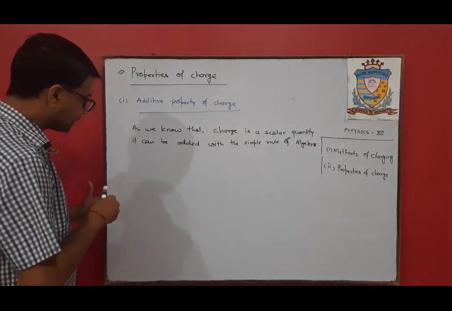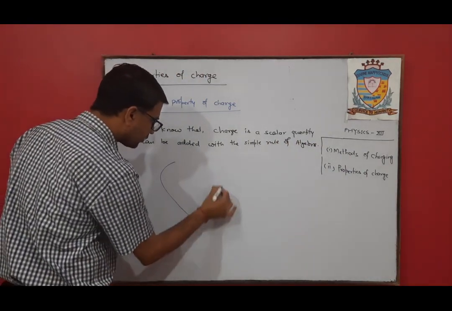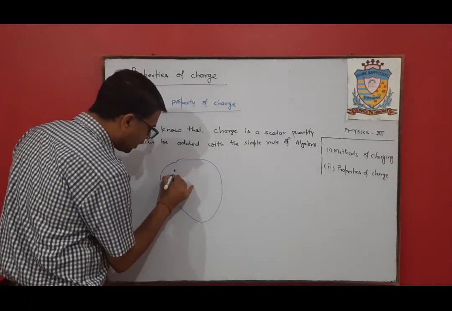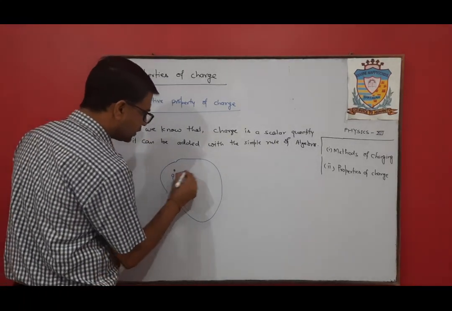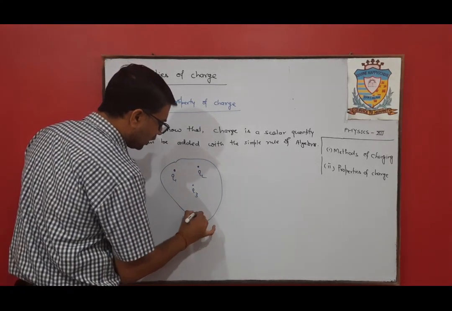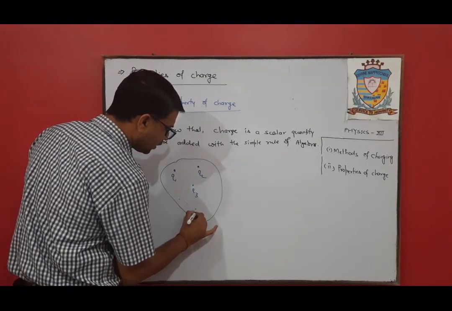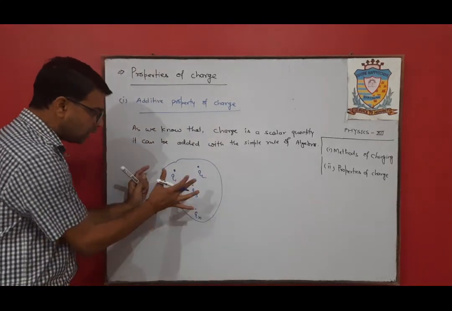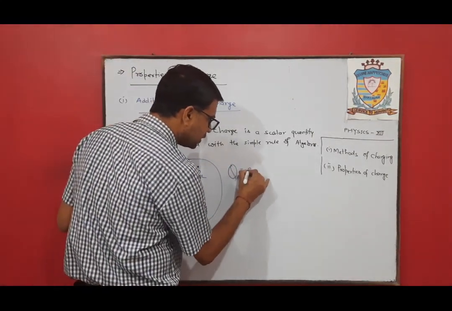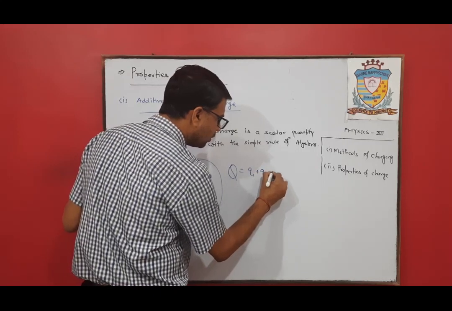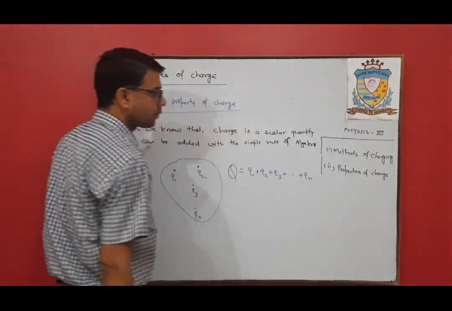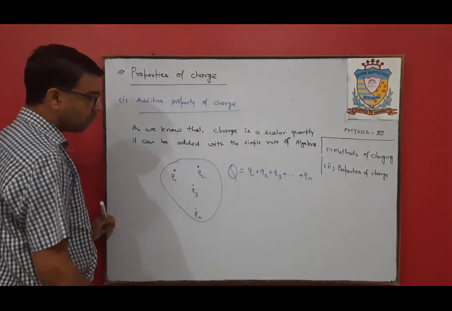For example, if we have a body having different charges, that is Q1, Q2, Q3 and Qn, the total charge on this body is Q1 plus Q2 plus Q3 plus Qn. Clear?